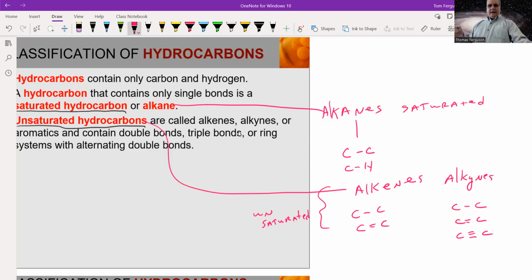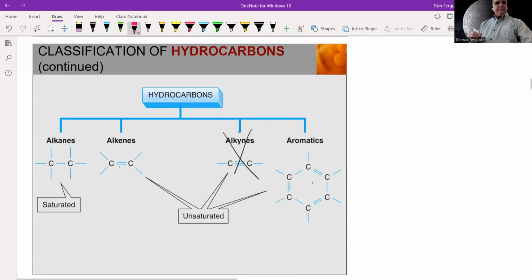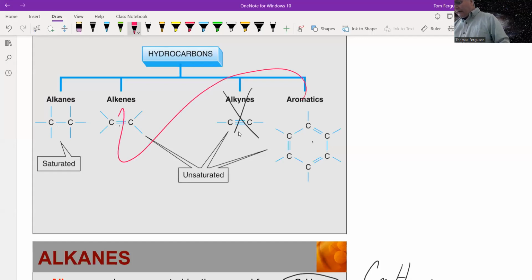Okay, so this is going to be unit 1, and we're going to be focusing on that in the next couple of days. Now, as part of alkenes, there's a subgroup of aromatics under alkenes.